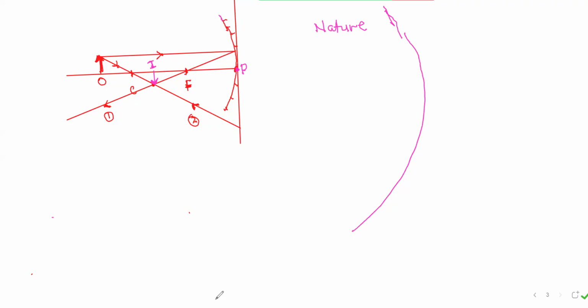Yes, please. So that's exactly what I've done. And when the ray hits the ruled vertical line, it is equal to hitting the mirror. So when you see that the incident ray is passing through the center of curvature, then it simply means that the ray is hitting the mirror at 90. And so the reflected ray must take the same path.